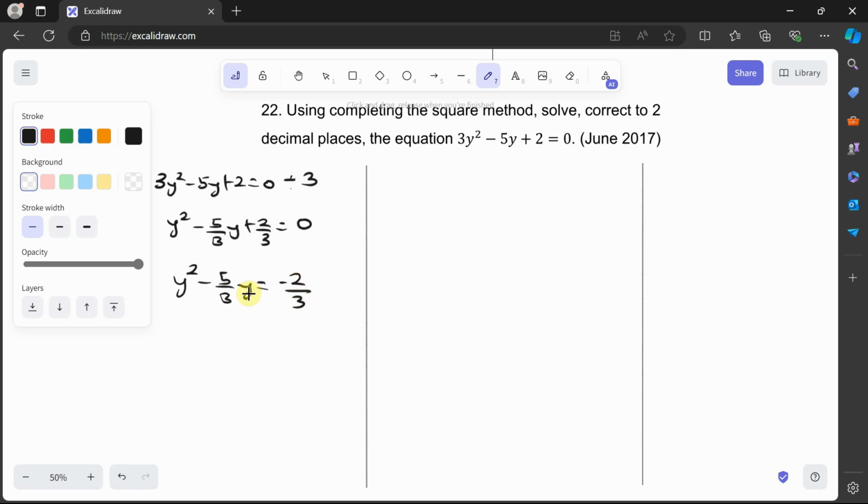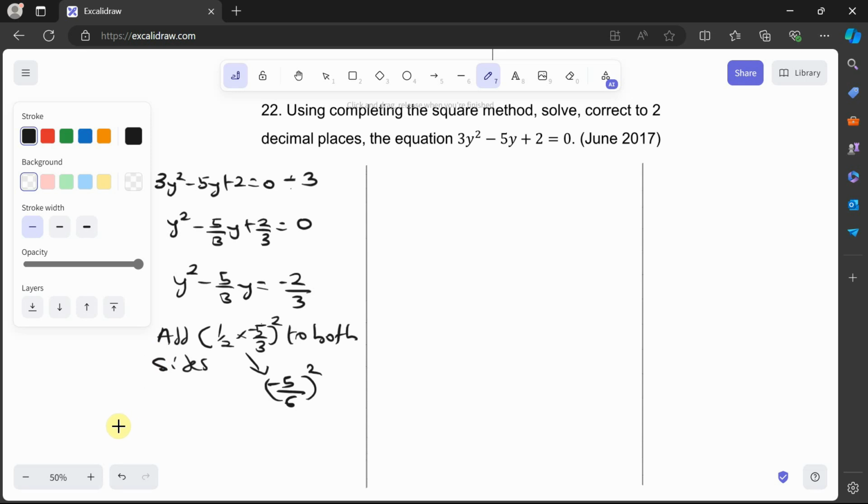Then we said we'll add the square of half of the coefficient of y to both sides of the equation. So if I say half of minus 5 over 3, which is the coefficient, then squared, so just add to both sides, you agree with me that this will be equal to minus 5 over 6 all squared, right?